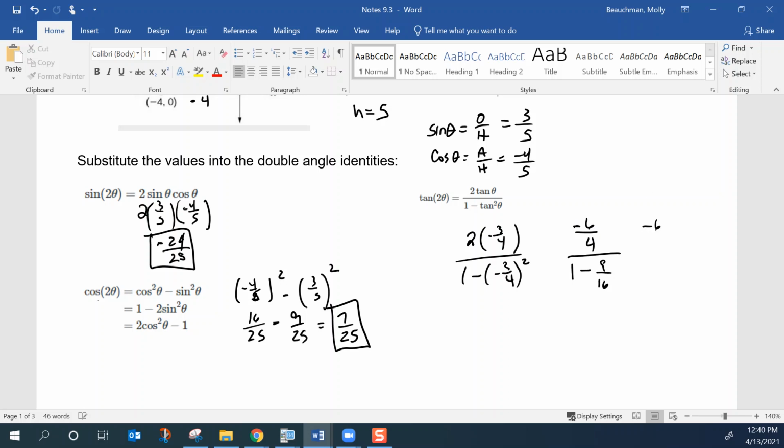So I get negative 6/4 divided by 1 minus 9/16, which is 7/16. Divide means to invert and multiply. Negative 6/4 times 16/7. I should reduce my fraction. 2, 2 goes in here, 8, and I end up with negative 24 over 7.